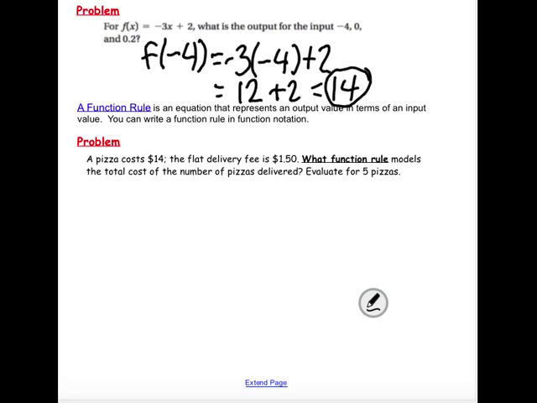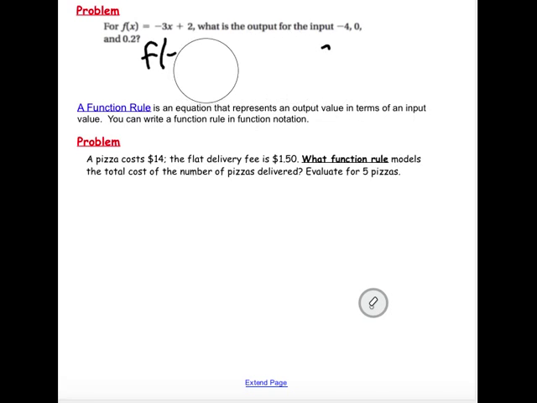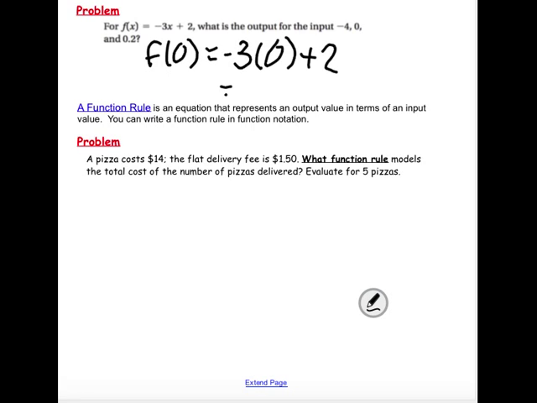If you want to do the other ones, take a quick second, pause this, and we'll come back and check to see if you got them right. So let's do f of 0. F of 0, plug 0 in for x. We know negative 3 times 0 is 0. 0 plus 2 is 2.